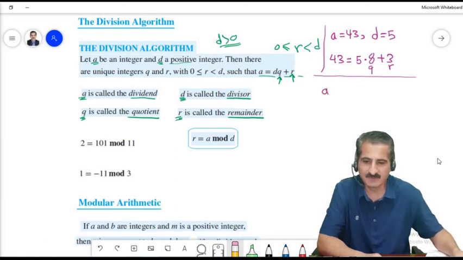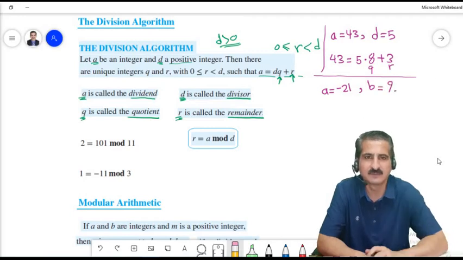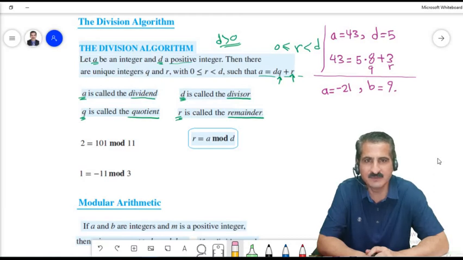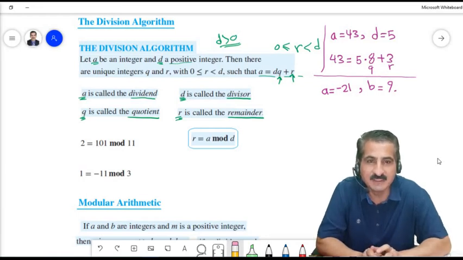What if A equals negative 21 and D equals 9? Divide negative 21 by 9 and there will be a remainder. But the remainder must be non-negative.